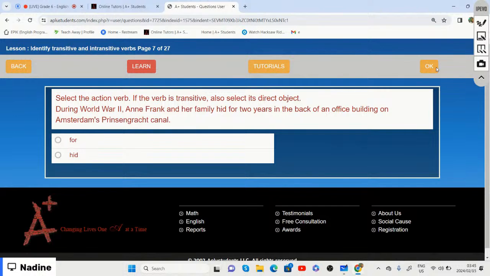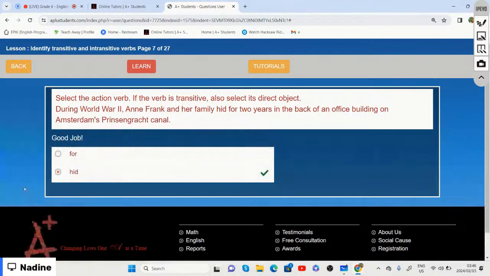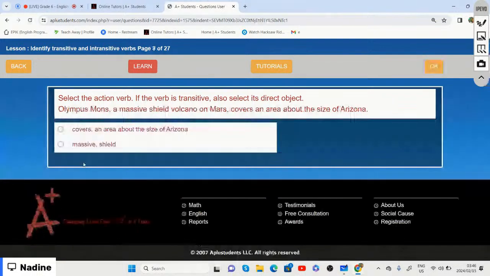For or hid. If we select our action verb, then we select hid, because hid is to hide.